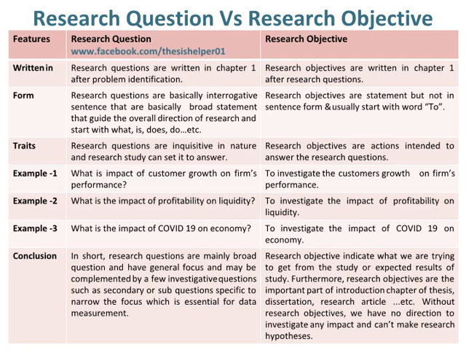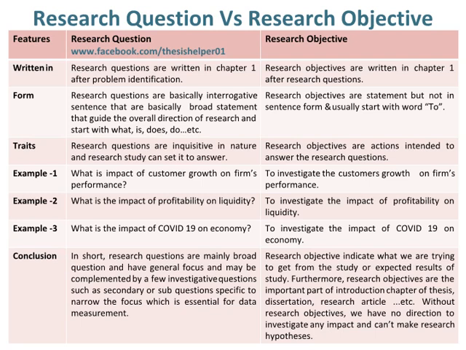In short, research questions are mainly broad questions and have a general focus, and may be complemented by a few investigative questions such as secondary or sub-questions specific to narrow the focus, which is essential for data measurement. Whereas, research objectives indicate what we are trying to get from the study or the expected results of the study.